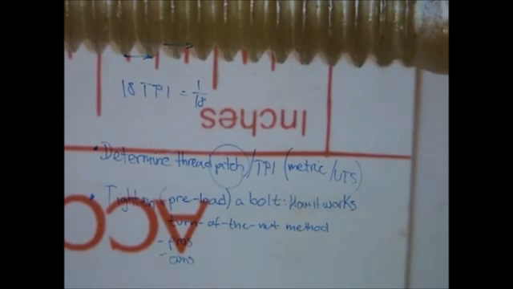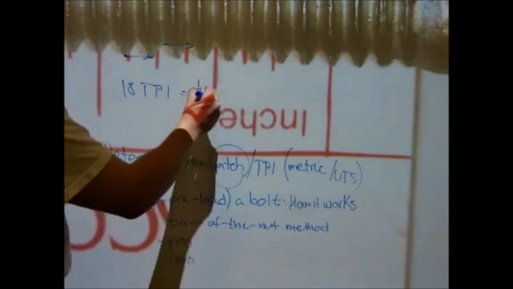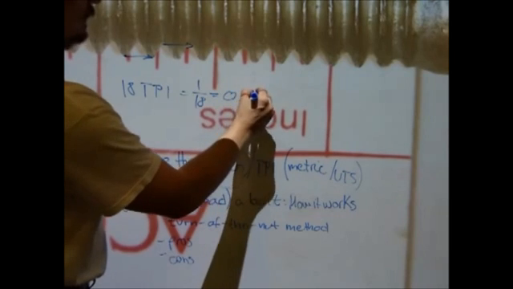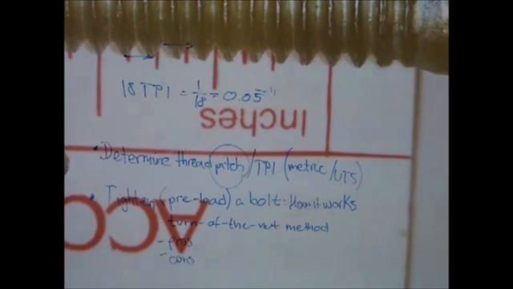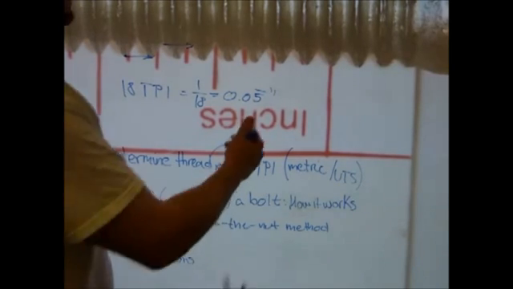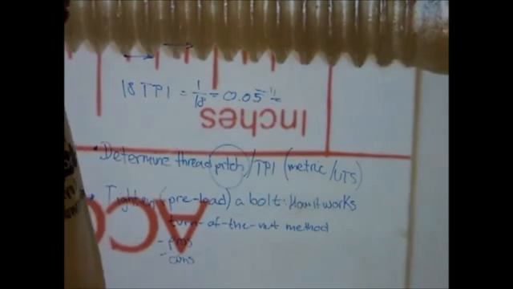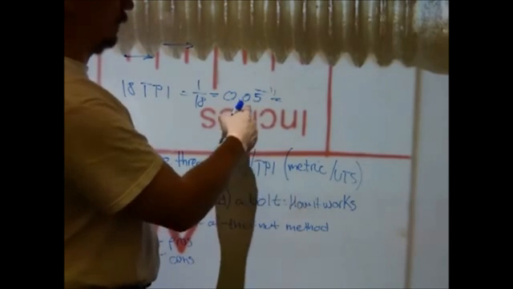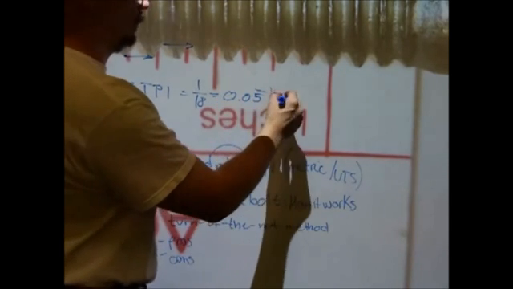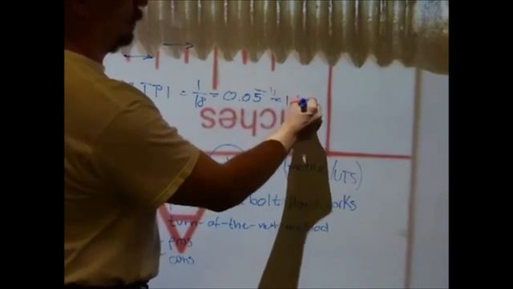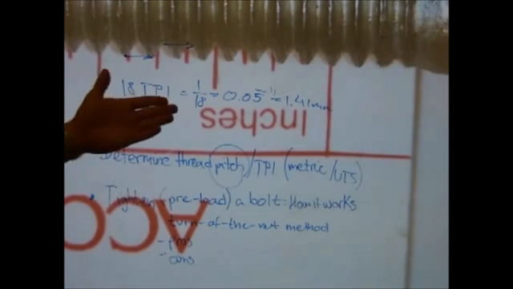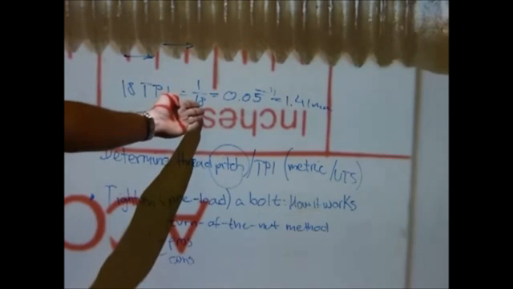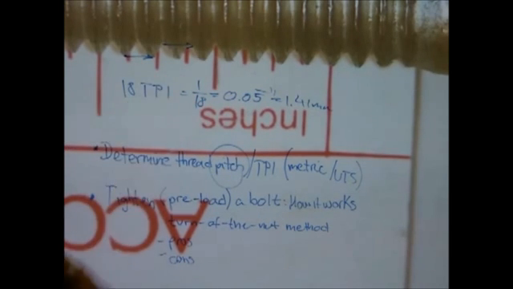If you want, convert it to decimal. If you want, convert it to metric. In decimal format, it's going to be 0.055555. It's an infinite decimal, and in metric, if you multiply this number by 25.4, you're going to get a 1.41 millimeter distance. Millimeters, decimal inches, fractional inches, it doesn't matter.